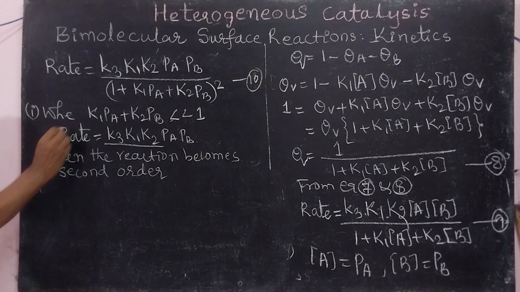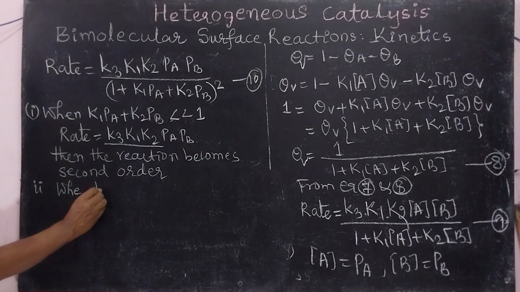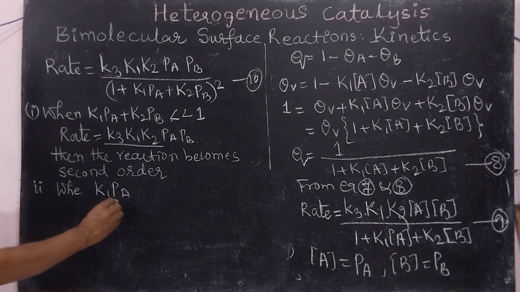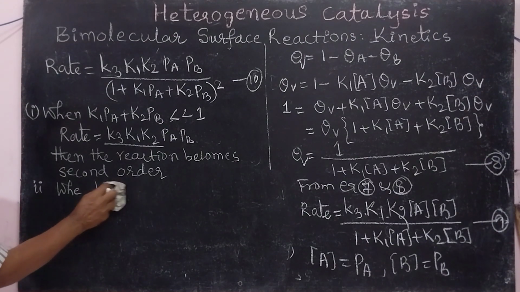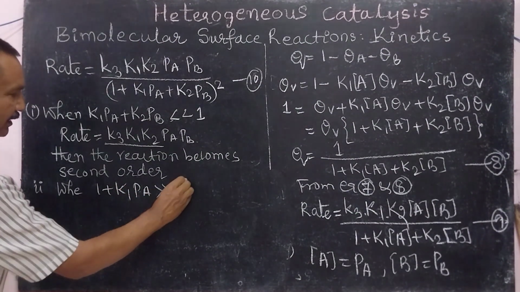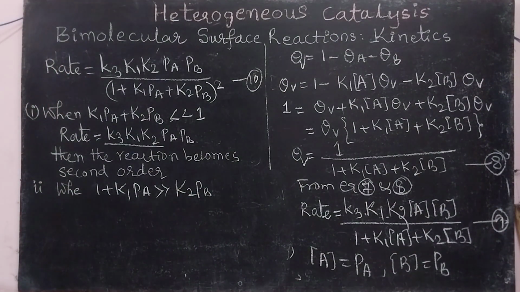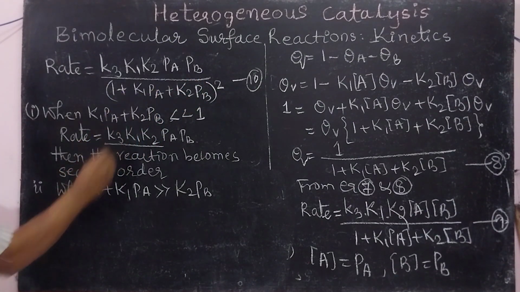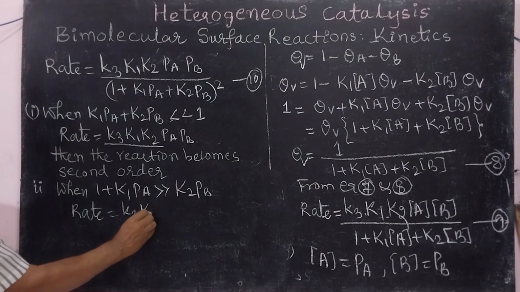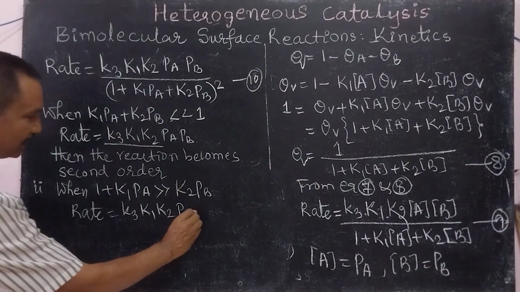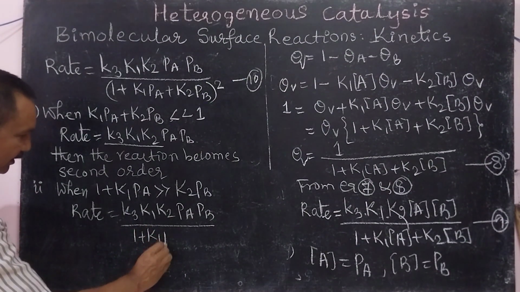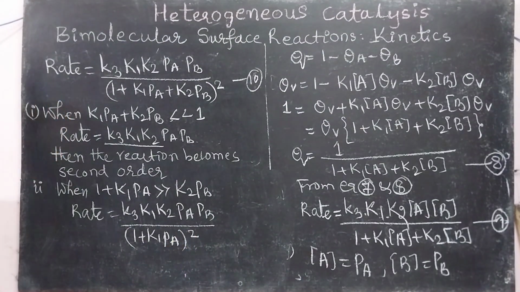Then the second condition, when K1 PA is very much larger than K2 PB. Then we can neglect this term, and the equation becomes rate equal to K3 K1 K2 PA PB divided by (1 plus K1 PA) square.